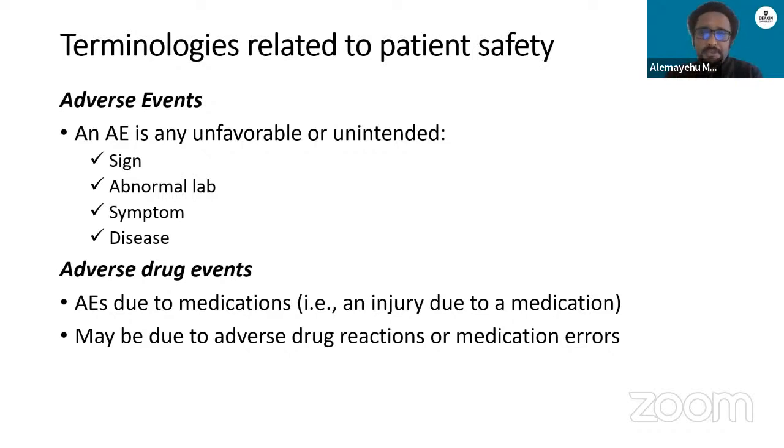It may not be related to the medicine; it's anything harmful for the patient, expressed by an abnormal sign, an abnormal lab, a symptom, whatever. It may be related to a disease, the medicine, or something else. But when this abnormality is due to the medicine, we call it an adverse drug event. So adverse drug events are adverse events due to medications. These adverse drug events again divide into adverse drug reactions or medication errors.